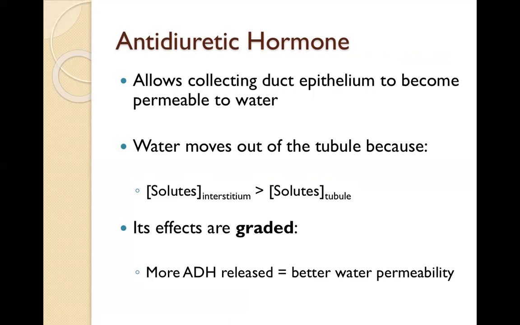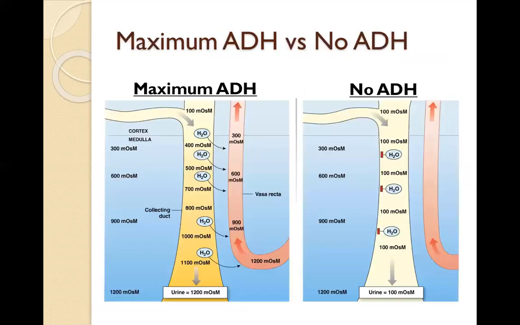The effects of this hormone are graded. The more antidiuretic hormone you have released, the more water permeability you have. Here's a diagram looking at maximum antidiuretic hormone release compared to no antidiuretic hormone release. I just want to draw your attention to the concentration of solutes in the renal medulla, first of all.